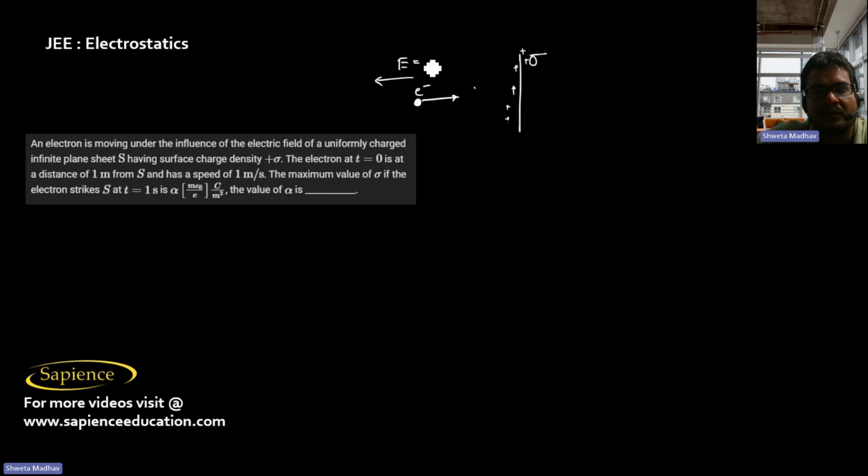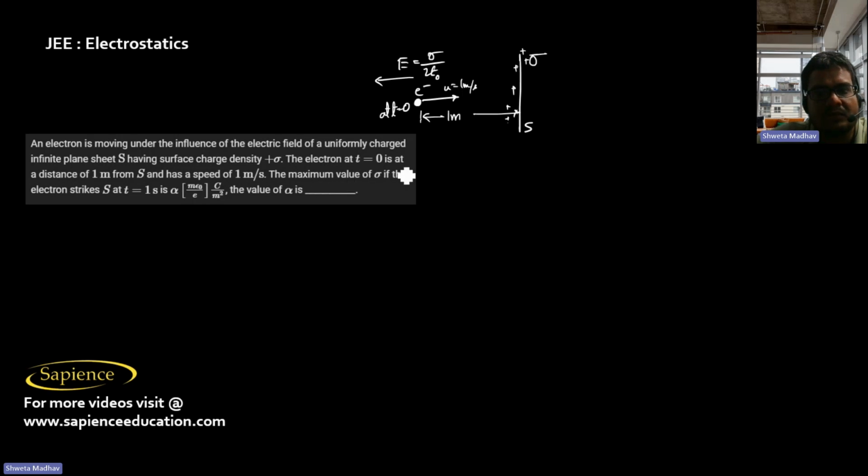So the electric field is equal to sigma by 2 epsilon naught. The electron at t equal to 0 is at a distance of 1 meter from the plane sheet S and has a speed of 1 meter per second. So u is 1 meter per second.